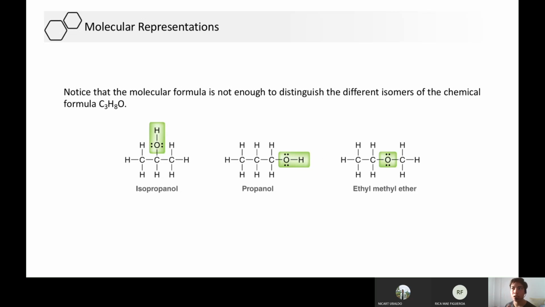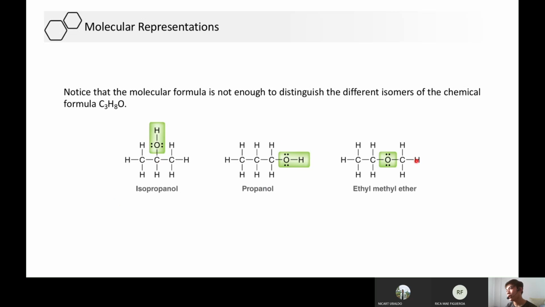But again, in organic chemistry, it is better if we give an idea of which group or which atom is bonded to which atom. So we need to see the actual connections. For example, if the OH group is bonded to the last carbon, it is considered propanol. But if that group is bonded to the second carbon, it is named isopropanol or 2-propanol.